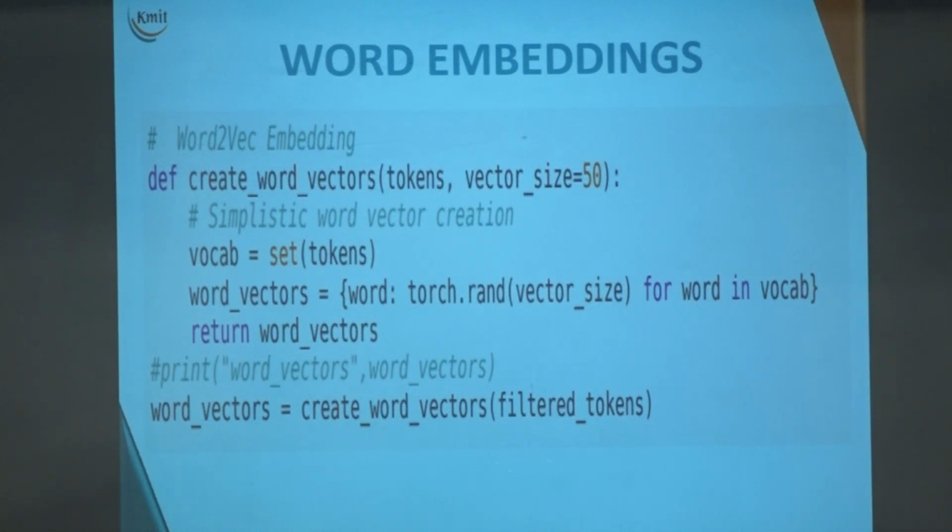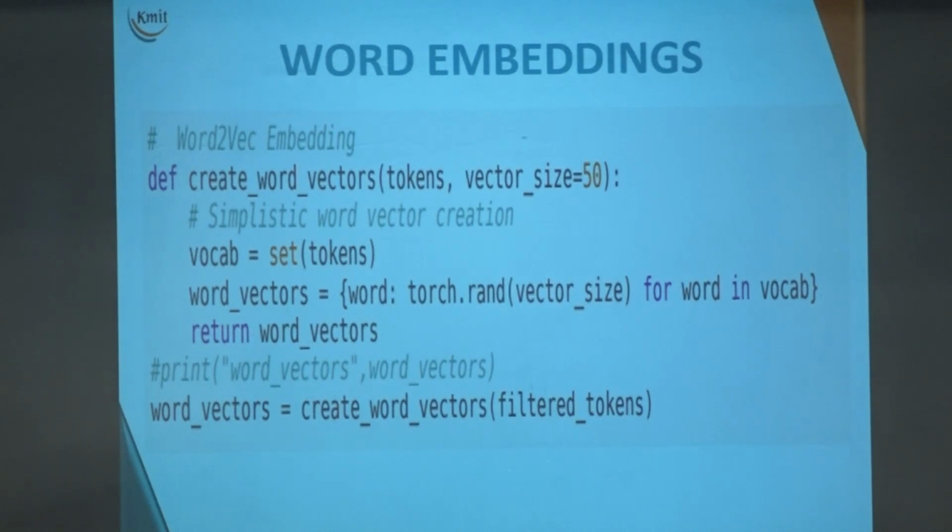So here I am creating my word to vector embedding. I have defined a method called create word vectors. Now here I have to pass two parameters. First, the words that I want to vectorize, and here my hyperparameter will come: I will set the dimension of that particular vector.